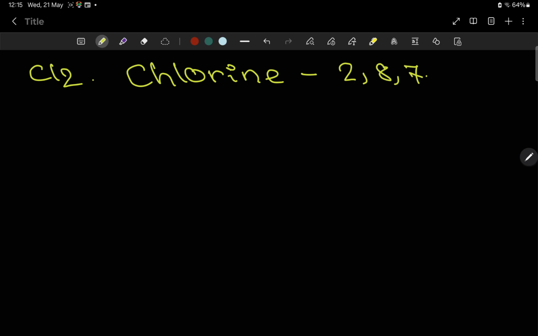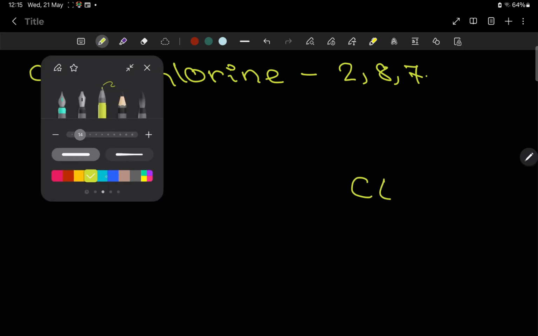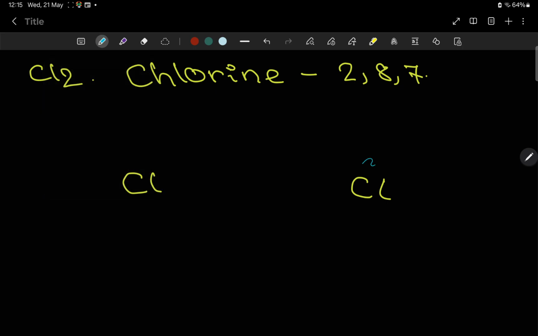Let's draw it now. There are 2 Cl's, right? So Cl, and let's draw the electrons now. 7, right? 1, 2, 3, 4, 5, 6, 7. And 1, 2, 3, 4, 5, 6, 7, right?